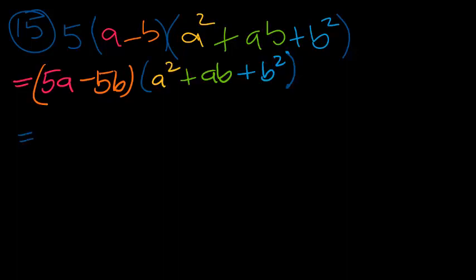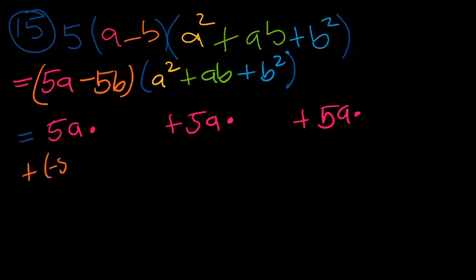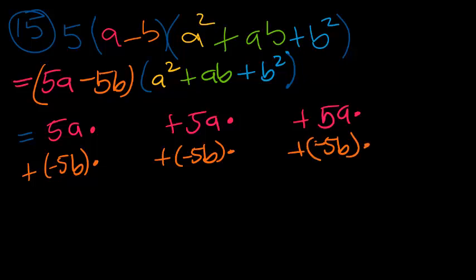Having done that, I'm going to multiply. I'm going to write this out. So I've got 5a times, plus 5a times, plus 5a times. Then for my orange, it's going to be plus minus 5b times, plus minus 5b times, plus minus 5b times. And then I've got a squared, ab, b squared.